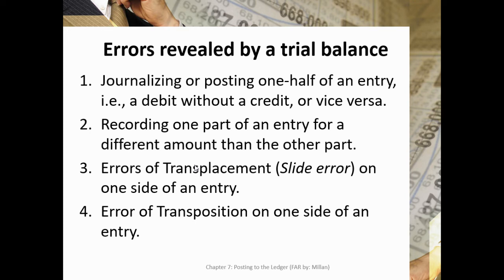Example ng transplacement: a transplacement error or slide error is committed when the number of digits in an amount is incorrectly increased or decreased. For example, 1,000 yung correct na amount na dapat i-record, pero ang na-record lang ay 100 or 10,000 pesos. So yun yung error of transplacement.